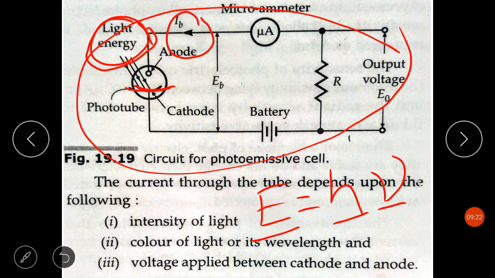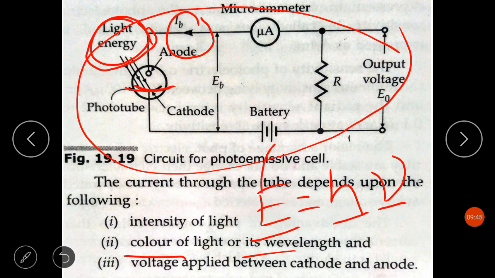Or you can say nu can be expressed in terms of the wavelength of radiation also. And for different colors, the light will have different wavelengths. We know this also. So we can say the photon energy will be different depending on the color of the light.